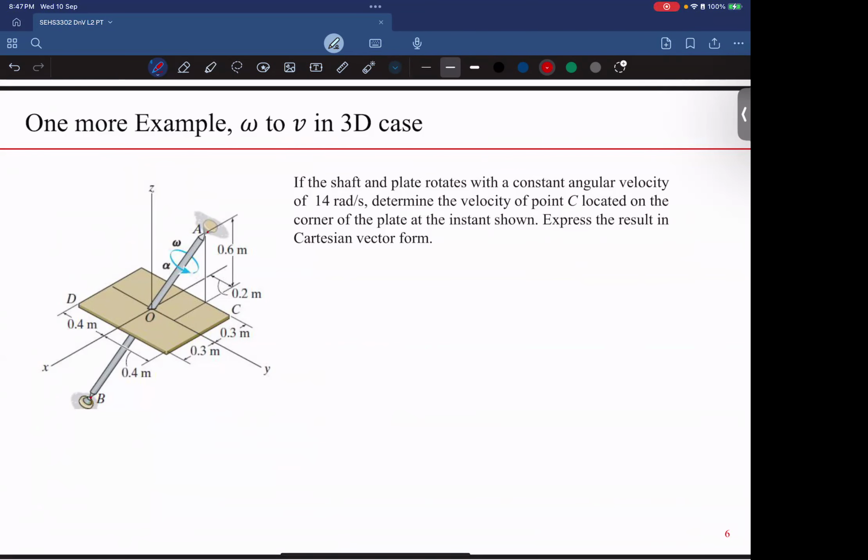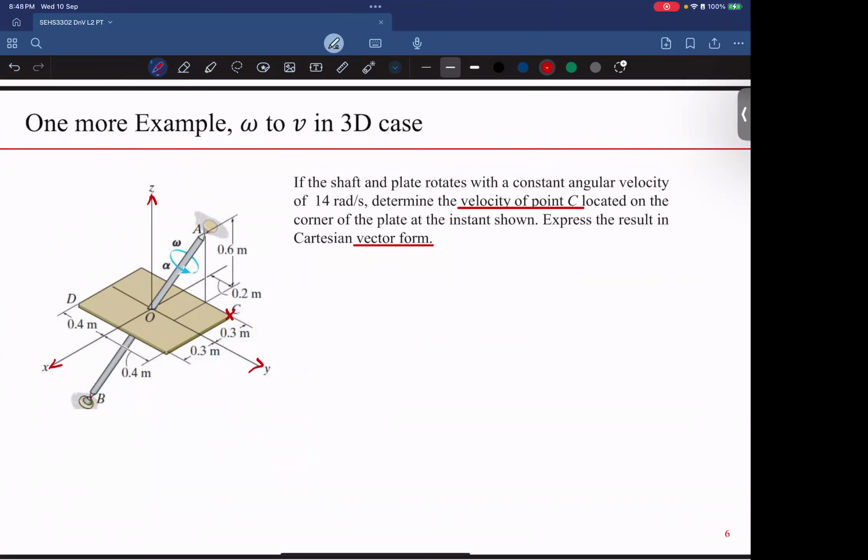An inclined shaft, right, in three dimensions, right? This is positive x, positive y, and positive z. What we want is the vector form of the velocity of point C. Point C is here. Point C is a corner point of the plate.